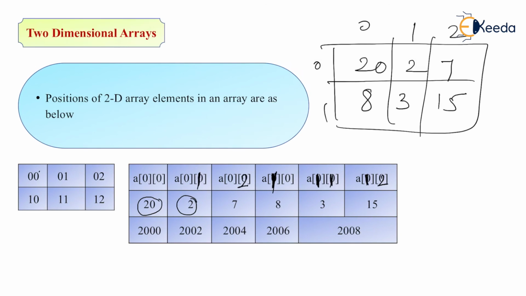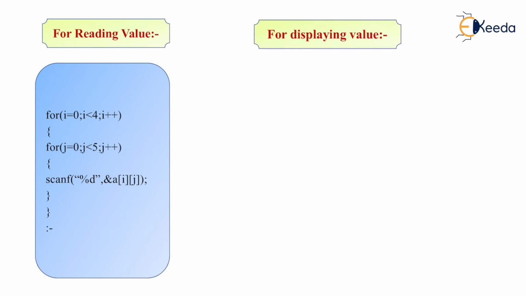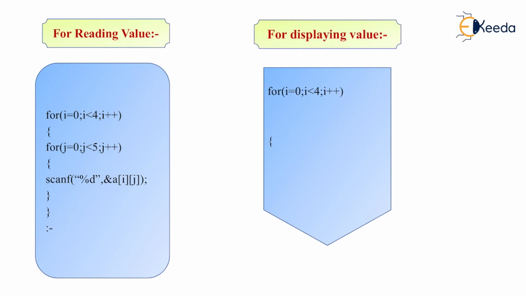Fine. Next, reading the values. If you want to read a two-dimensional array, how can we do that? And for displaying the values, how can we do that? For reading a two-dimensional array, the loop is for i equal to 0, i less than 3, i plus plus, for a 3 by 4 matrix.